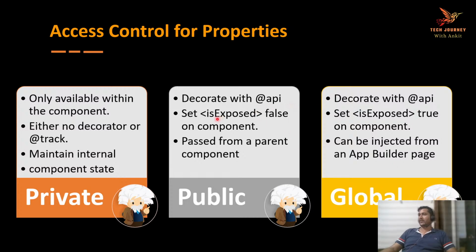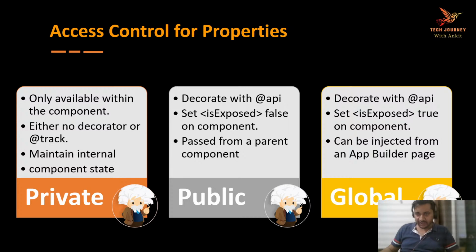The only difference between the public property and the global property is, here we are not exposing the component to any app builder or to any other component. Here we are exposing the component to the app builder or to the communities or to the flows, then the property will be referred to as the global property. Otherwise, the property will be referred to as the public property.